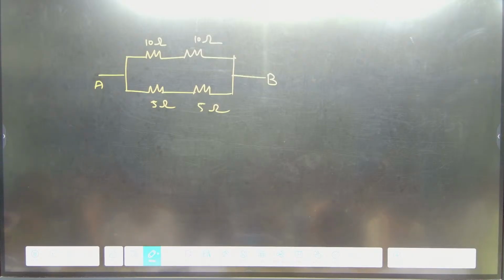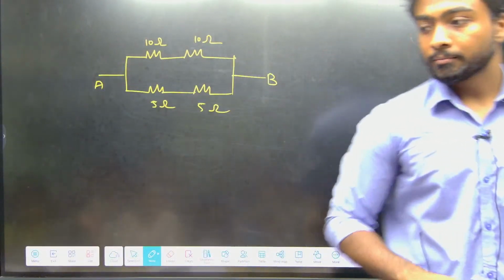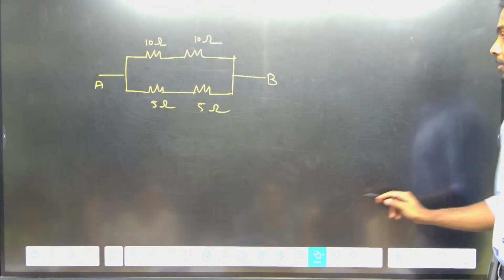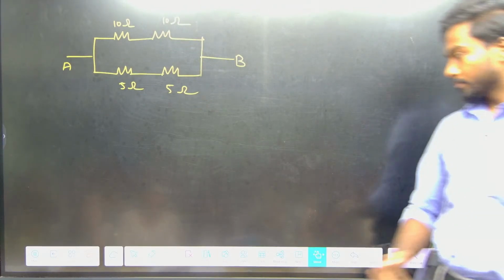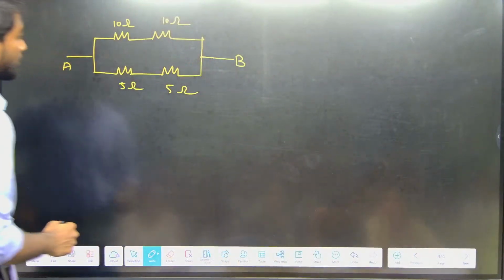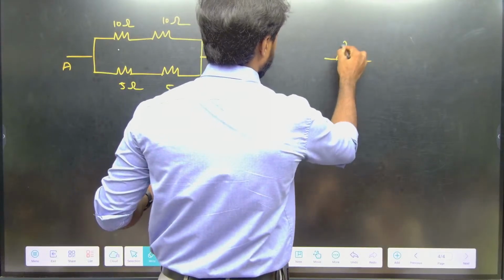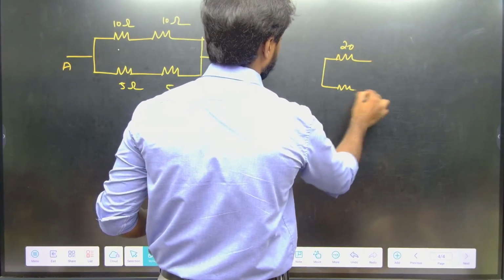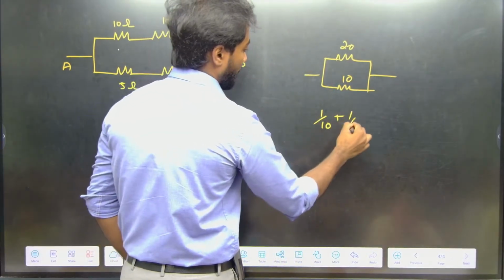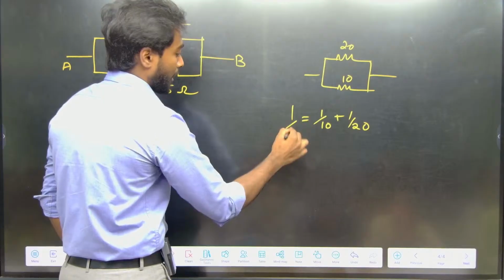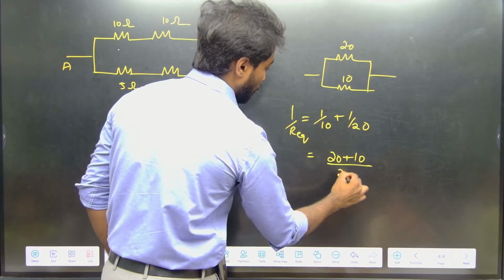So what is the answer? Completed everyone? Okay, please cross verify your answer here. The first one will become 20 and the second one will become 10. So 1 by 10 plus 1 by 20 is 1 by R equivalent, which is 20 plus 10 divided by 200.